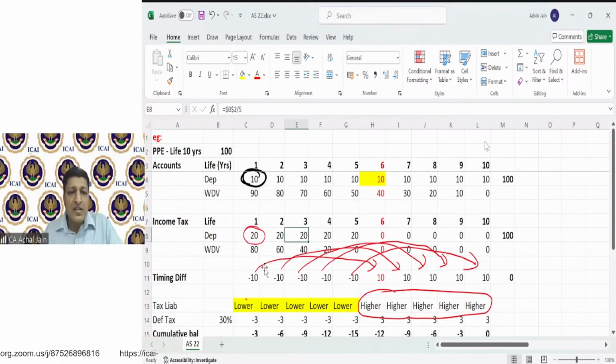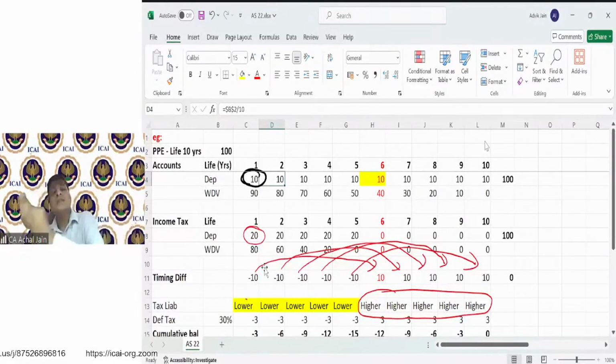And as per tax, whatever is your depreciation amount, you will place here. And you will compute the difference. Whether you are changing method, whether the life is changing, don't get into that complexity. That will only confuse you. Keep it very, very simple. You will place the numbers, you will compare these, and you will also check whether these are reversible in future years or not. That is how you need to approach this.